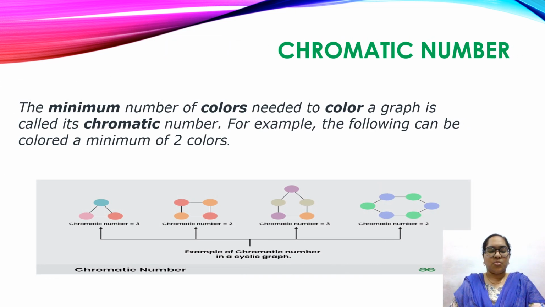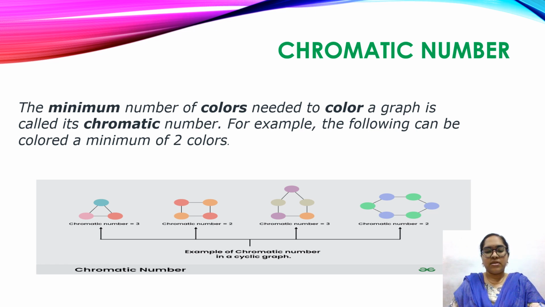Now, what is a chromatic number? We have already heard this term in our previous slides. Let us get to know the depth of this chromatic number. The chromatic number is the minimum number of colors needed to color a graph. Here in the diagram I have given a few graphs. Let us consider the first graph, where we have three vertices, and these three vertices can be colored with three colors.